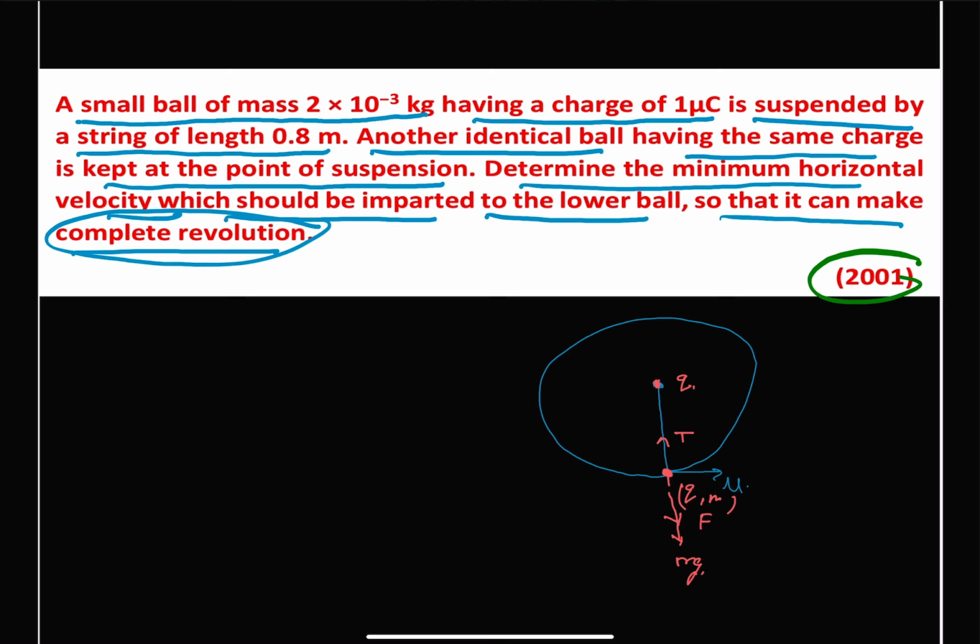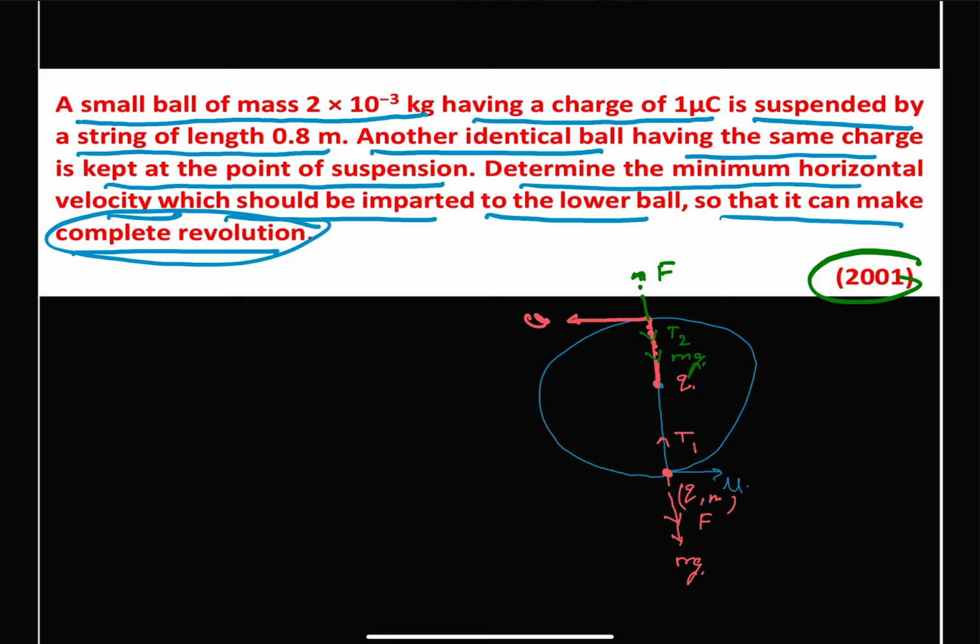And suppose this is the vertical topmost point, and here its velocity is given as V. Let us call this tension T1, and here there will be tension T2, and there will be mg in the downward direction, but the force of repulsion between the center charge will be in this way.